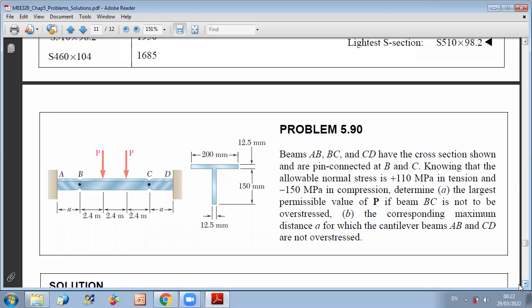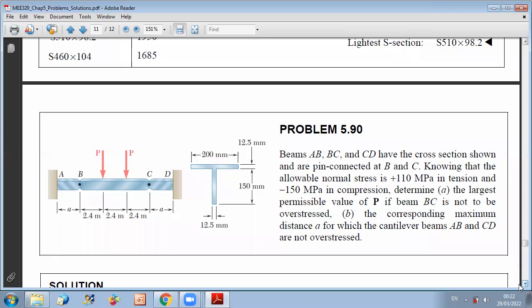And we know that at an extremity where we don't have a couple, or we don't have a reaction as fixity, then we have the bending moment equal to 0.